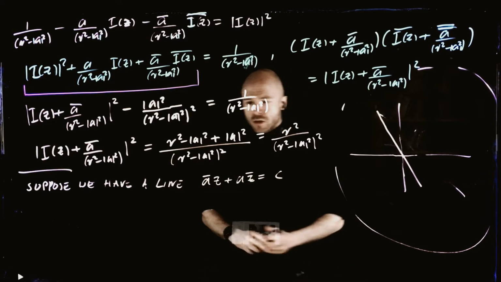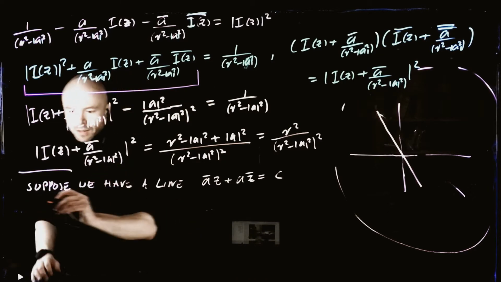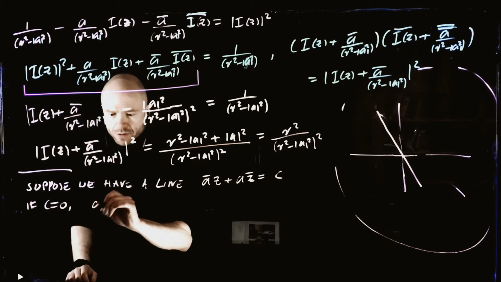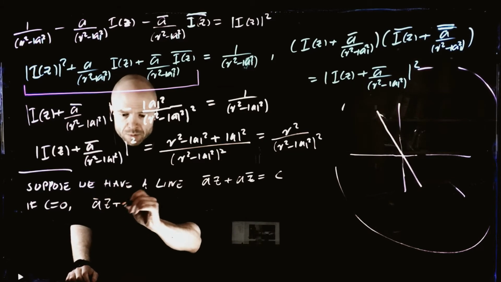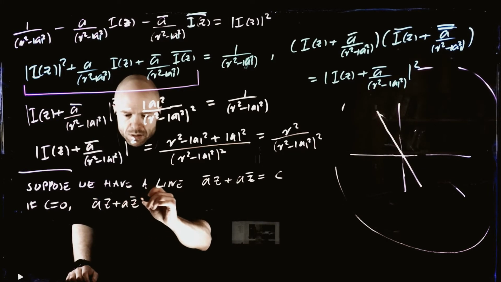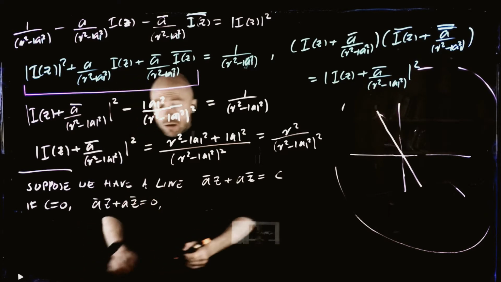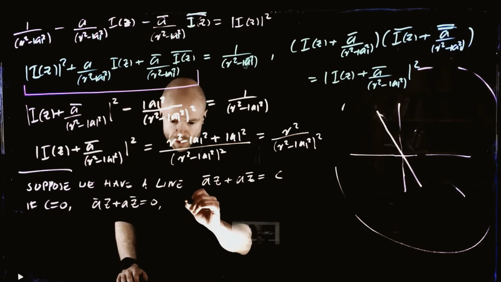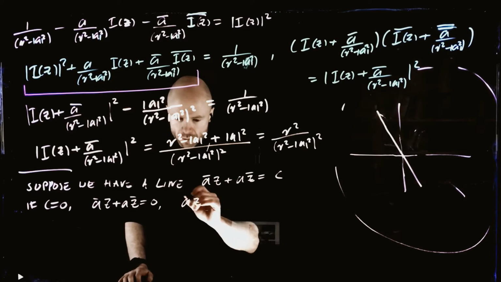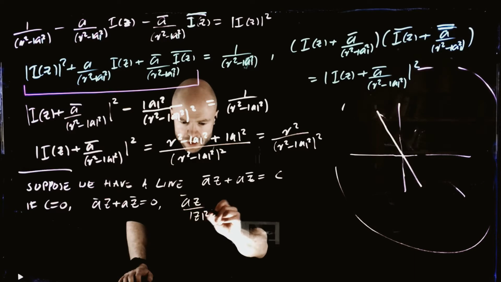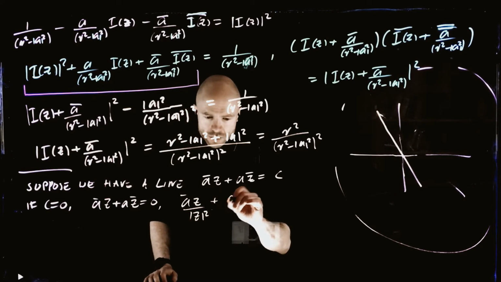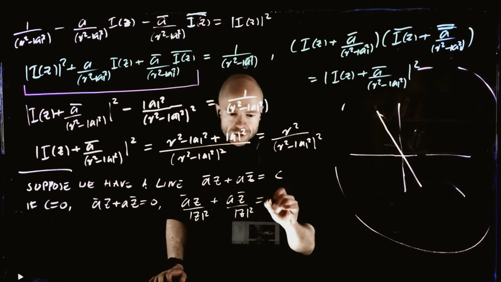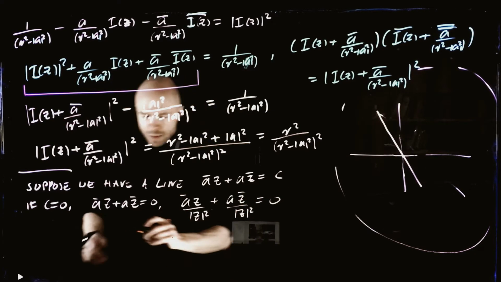So if C is actually equal to 0, then we just have A bar Z plus A Z bar equals 0. Let's divide everything by mod Z squared. Then that's the same as A bar over Z bar plus A over Z equals 0, and we do the same thing as before.